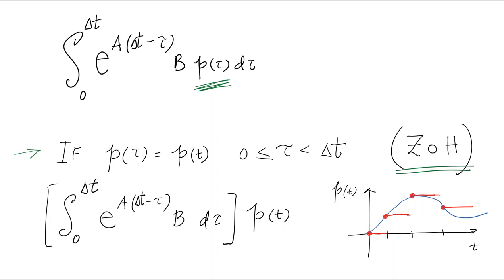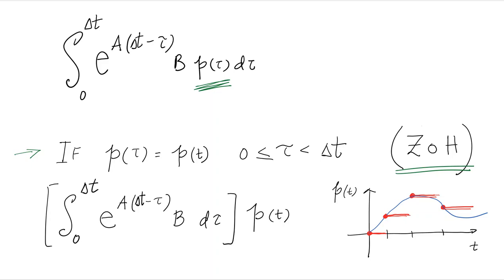So you take the value of the load at the beginning of the step and just continue that on for the whole duration of a single time step. If the time step is small, that's probably a decent approximation, and let's see what comes out of that.